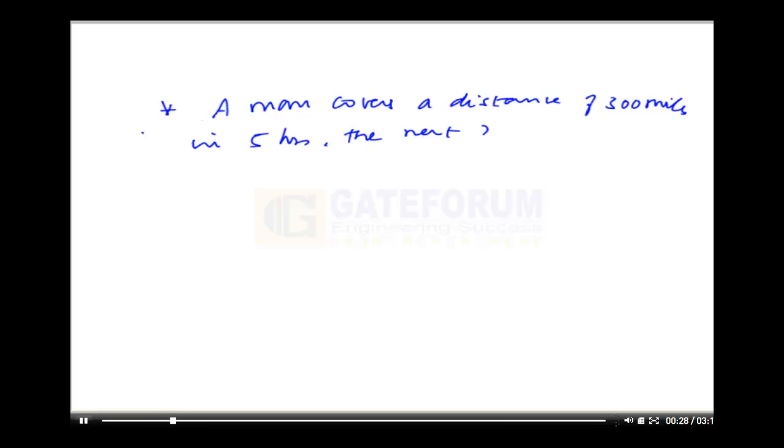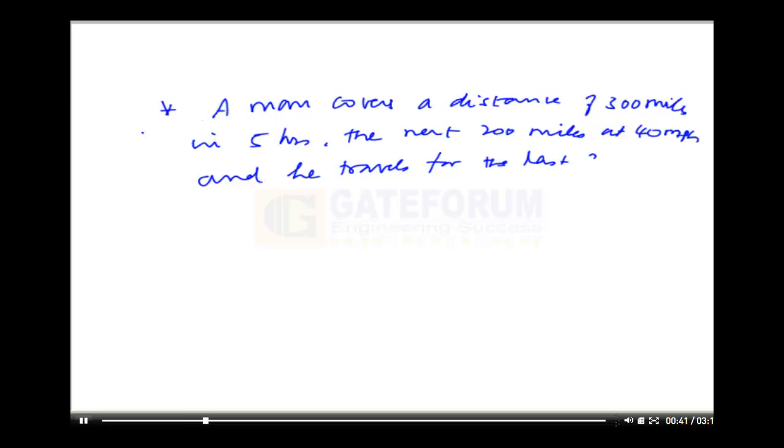The next 200 miles at 40 miles per hour, and he travels for the last 3 hours at 50 miles per hour. Find his average speed.